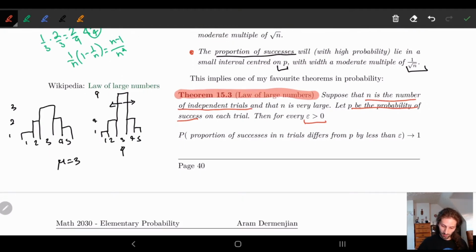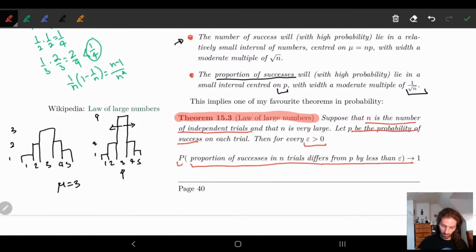And what we're going to do is we're going to say that the proportion of successes in n trials differs from p by less than epsilon. So remember this proportion from before. The proportion of successes is a moderate multiple of 1 over n. So in other words, normally we have p plus or minus 1 over square root of n. And here we're saying that the difference is less than epsilon.